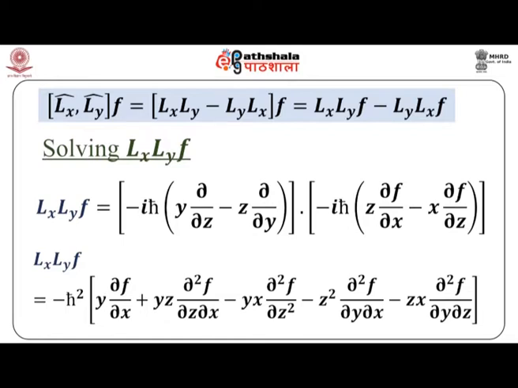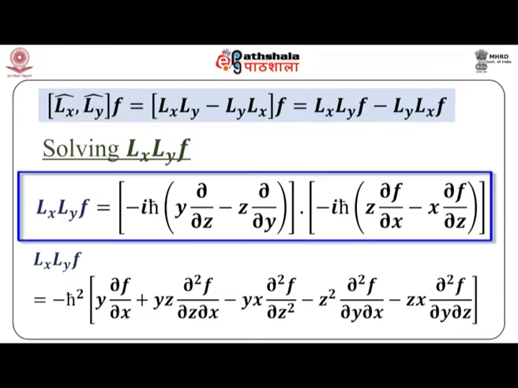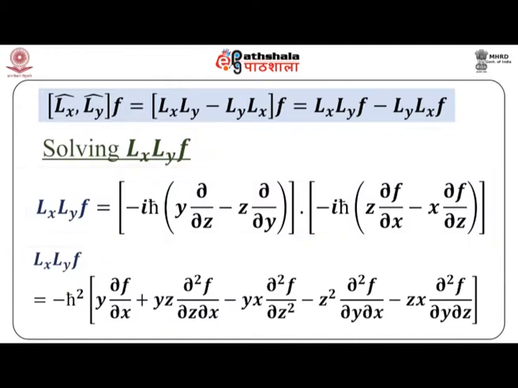Now we will first solve the left hand side term Lx Ly f. Substituting the values of Lx and Ly, we get minus iota h cross (y del by del z minus z del by del y) into minus iota h cross (z del f by del x minus x del f by del z).